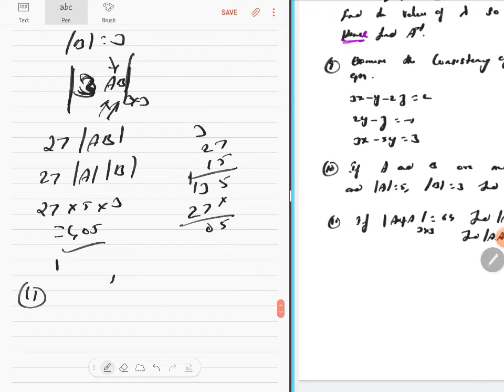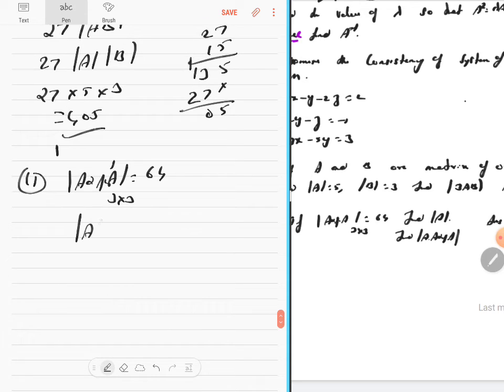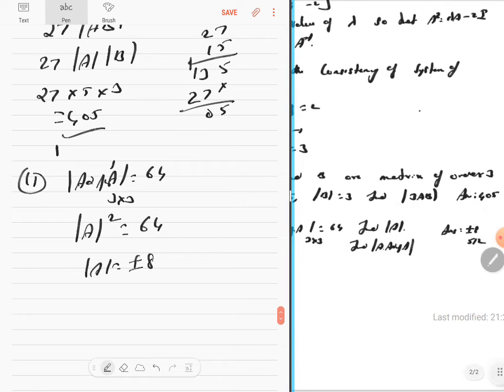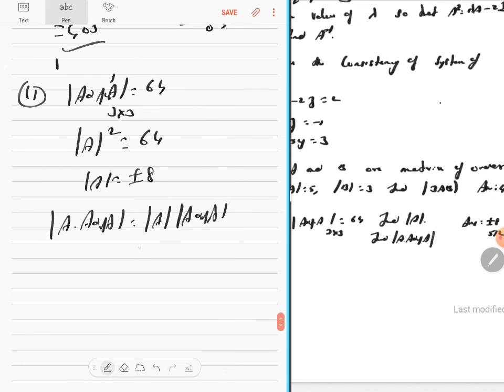Let me go to the 11th question. If determinant of adj of A itself is 64 for a 3 by 3 matrix, determinant of adj of A is determinant of A whole to the power n minus 1. This itself is 64. So determinant of A is therefore plus or minus 8. Then next is the determinant of A into adj of A. It is determinant of A into determinant of adj of A, or determinant of A whole to the power n also we can say, which is determinant of A whole to the power 3.